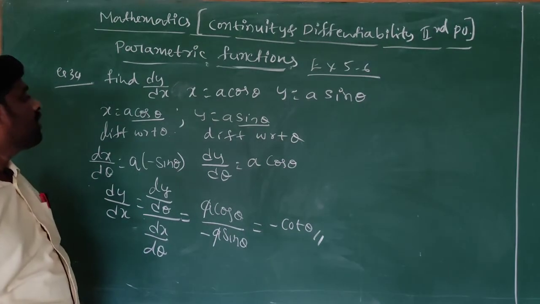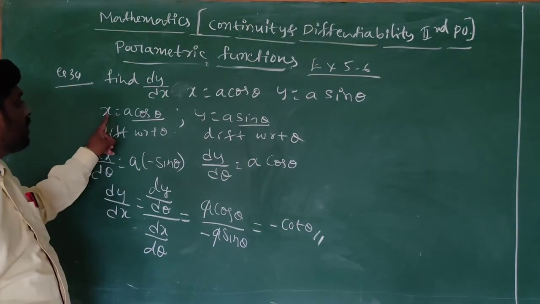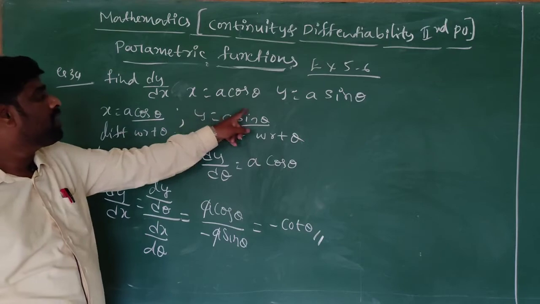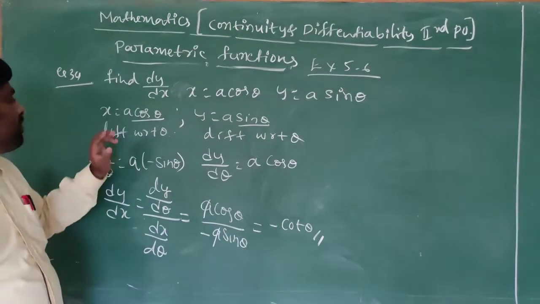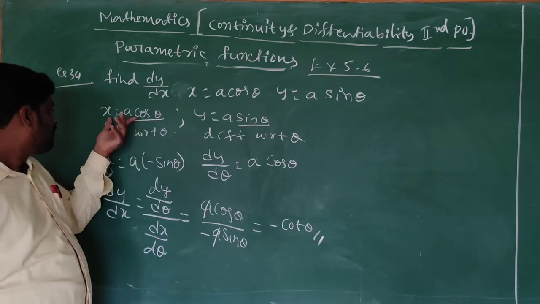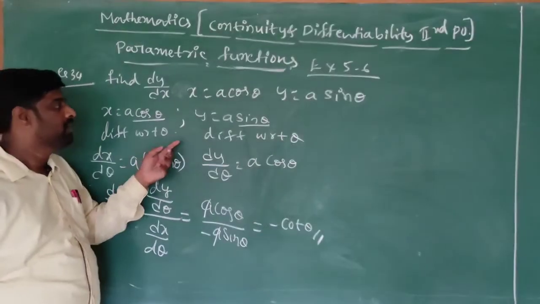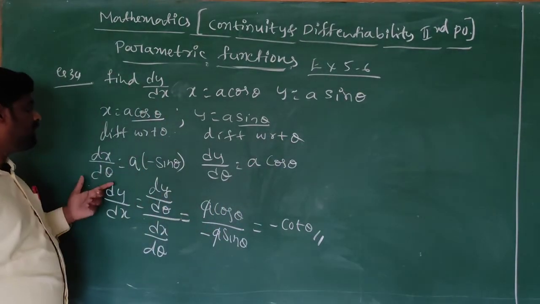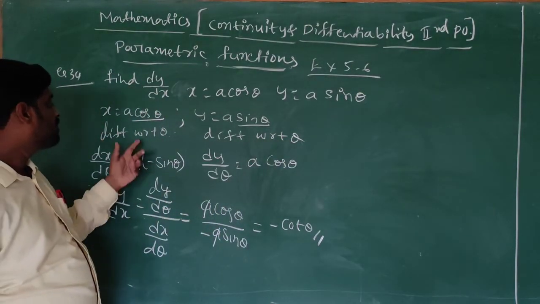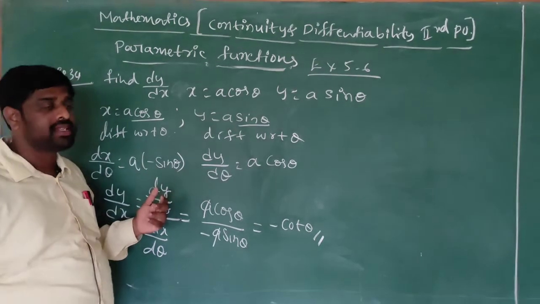Once again I'll repeat. Observe here, x is equal to a cos theta, y is equal to a sin theta. Find dy by dx. For this function, differentiate with respect to theta. So dx by d theta is equal to a as it is, cos theta differentiation is minus sin theta.